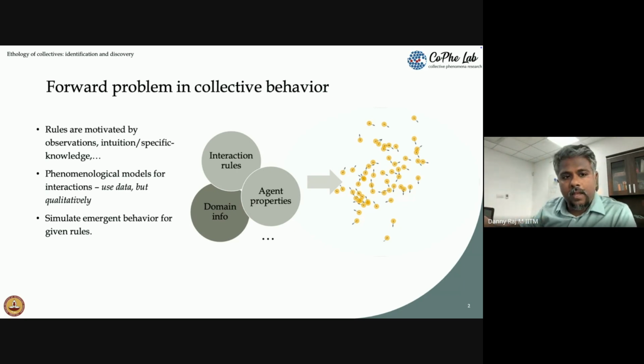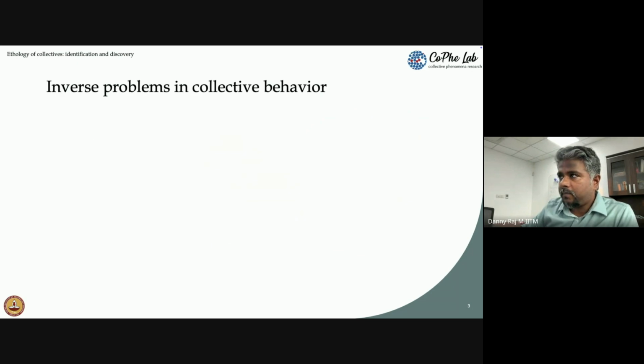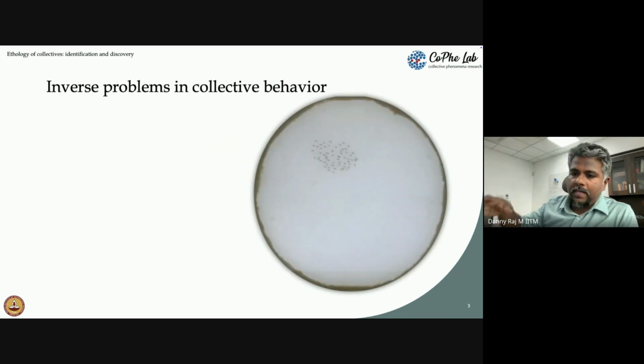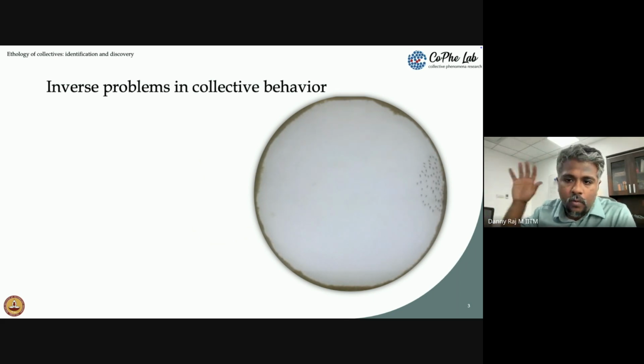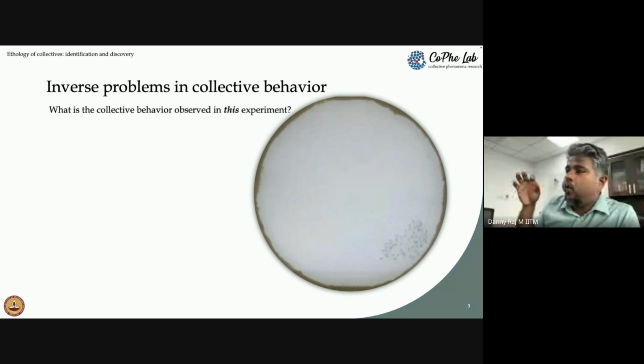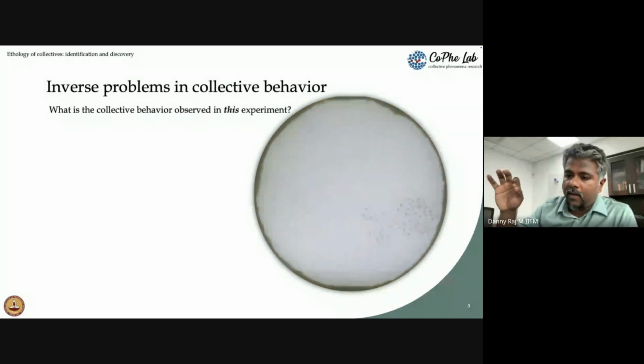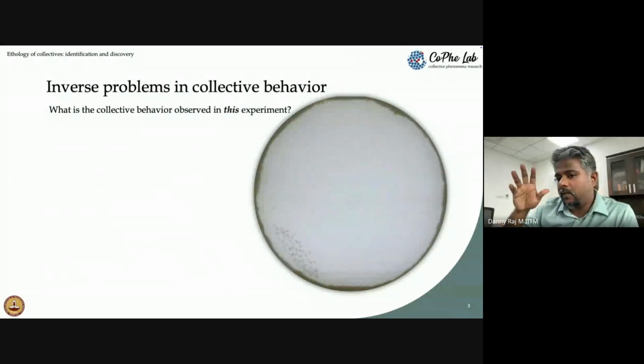Similarly, one can now think of an inverse problem. So what would that be? So we've been seeing this video again and again, right? So you have a real experiment where there are real fish doing something, and you are interested in explaining what's happening. The inverse problem is one where you ask the question, what is the collective behavior observed in this experiment? See, that's a very specific thing to ask, right?